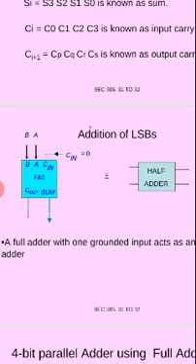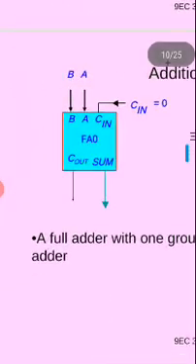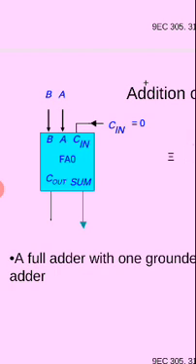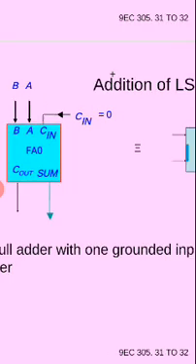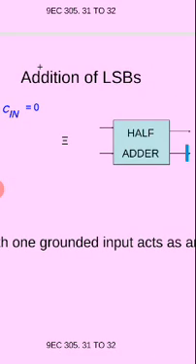Addition of LSBs. Here FA0, full adder 0, shows carry out, sum, A and B inputs, and C in input. That equals a half adder.